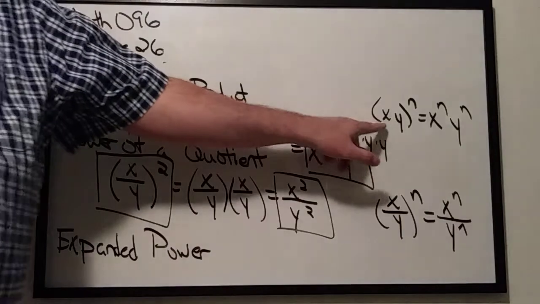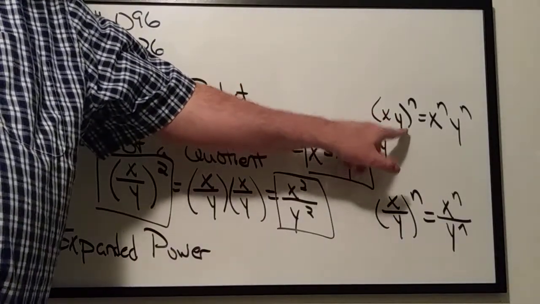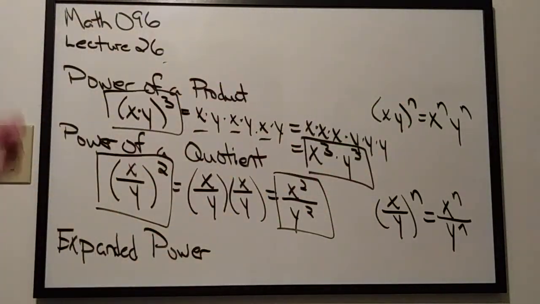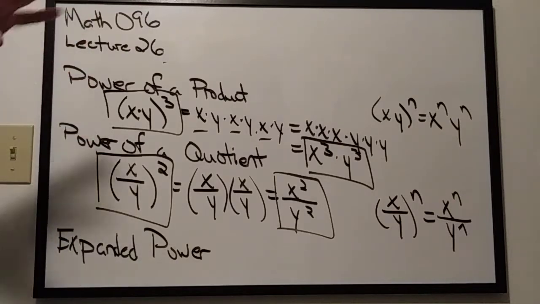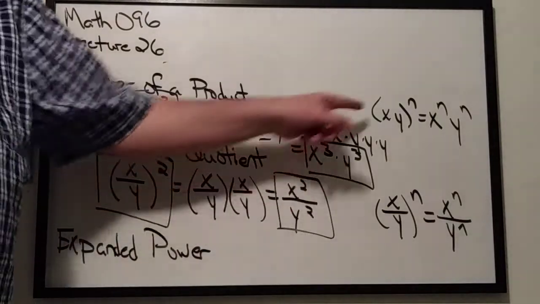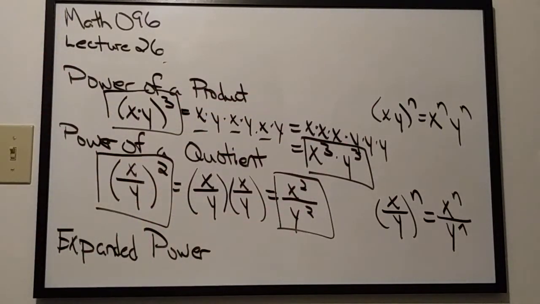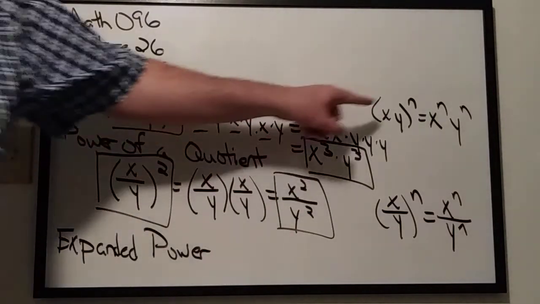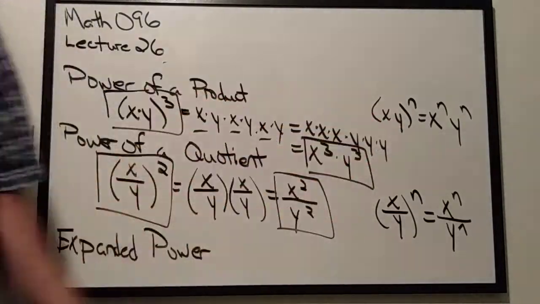So if you had an x plus y to the nth power, you can't play that same game of bringing the n power down to each of those pieces. So be careful when you move forward in this section, and in fact, as you move forward in your mathematical career, that you don't try to apply these rules when they don't apply. So once again, you cannot bring a power of n down if the x and the y are connected by addition or by subtraction.